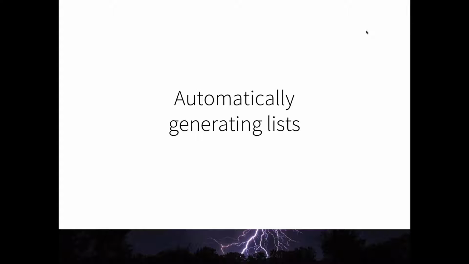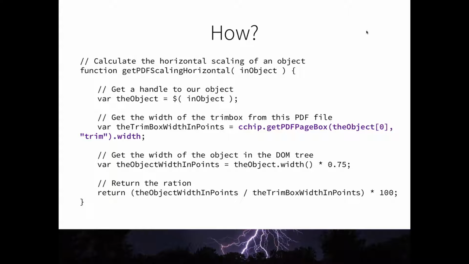And in pdfChip 1.1, there are two pieces of information that you can learn from a placed PDF. One is the number of pages it has, and second is the size of the page boxes in that file. And this is an example JavaScript function that I wrote, and the purpose of this example is to calculate what the scaling is of a PDF object that you've placed.